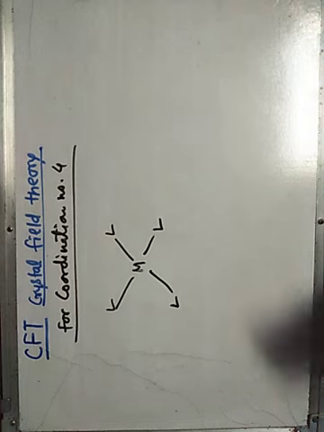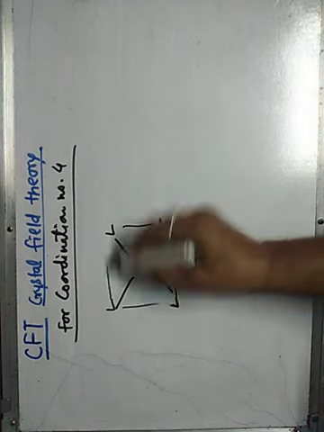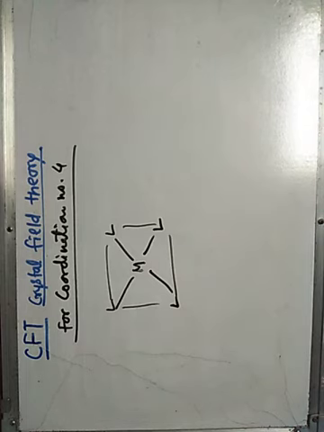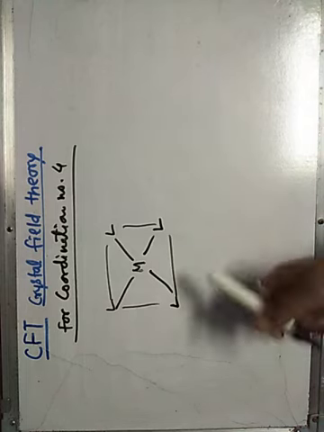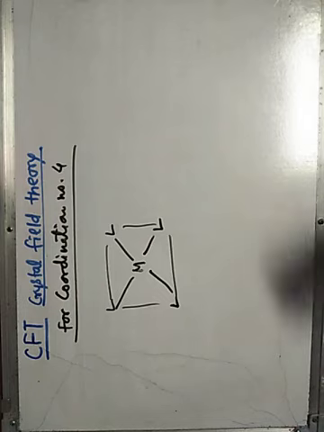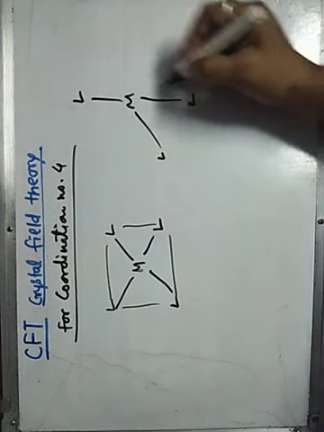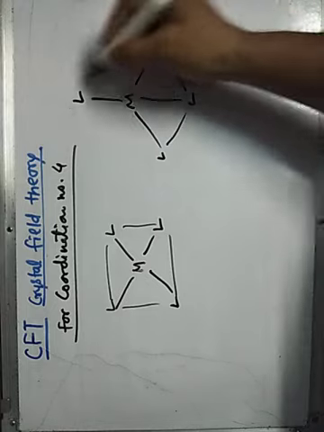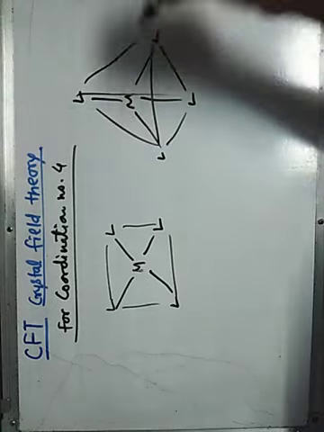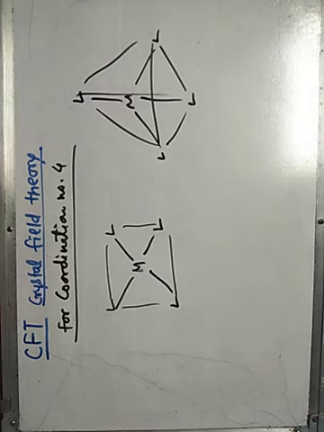These 4 ligands make either a tetrahedral or square planar construction. This will be the square planar construction, and this will be the tetrahedral construction like this. Okay, coordination number 4, and we are discussing the crystal field theory.